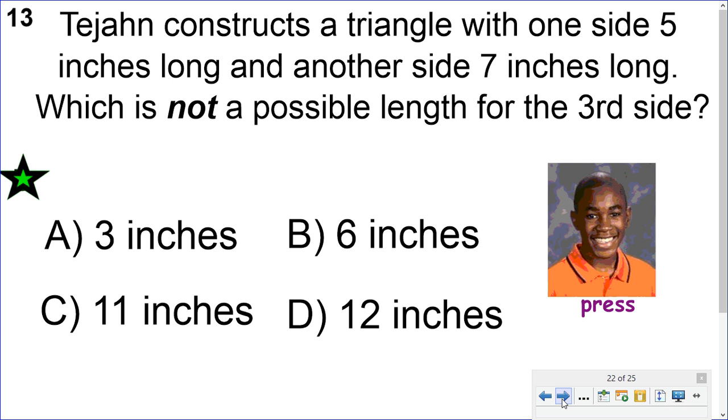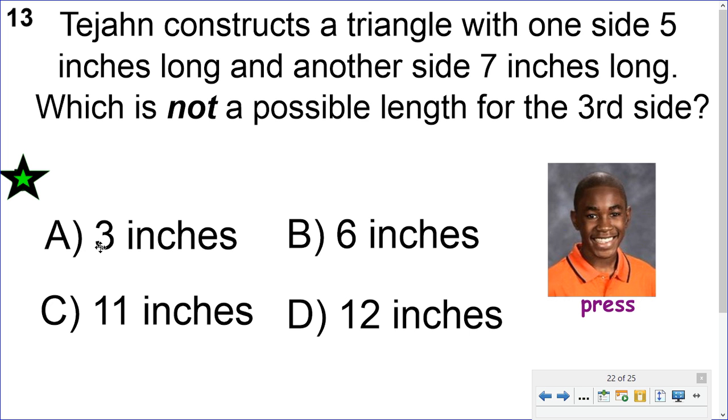So here's one for you. Tejan constructs a triangle with one side 5 inches long and another side 7 inches long, which is not a possible length for the third side. So remember, take the two smallest sides and add them together.